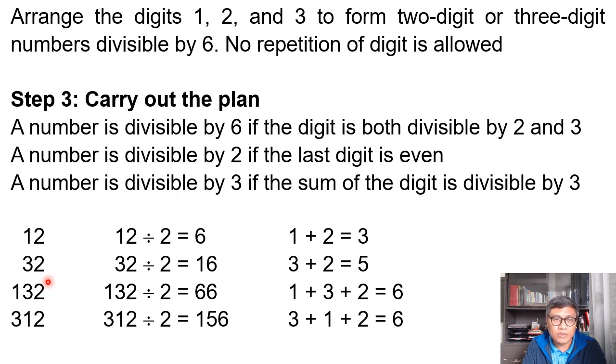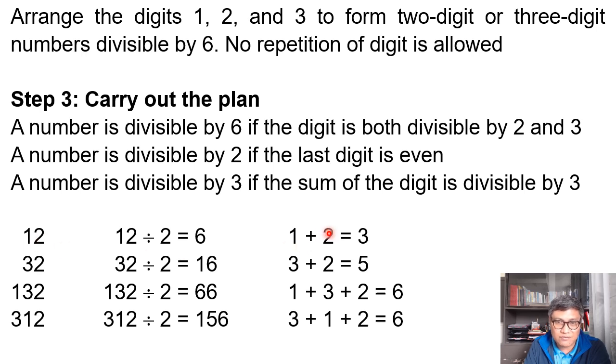Now, first is that, accordingly, from the 12 possible, you just choose only those numbers that end with an even digit because those are the numbers that are divisible by 2. So, if you have here 13, you know that 13 is not divisible by 2, so it is no longer possible. So, only those ending with 2 will be subject for testing.